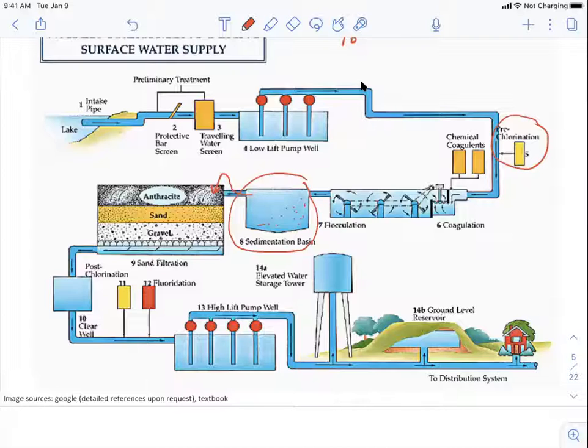An interesting fact is that the sand filter has been used in water treatment for, I would say, more than hundreds of years. If you recall, when we talked about the history of water treatment, everything started from the UK. At that time, in order to treat the water quality from the Thames River, they built a sand filter.